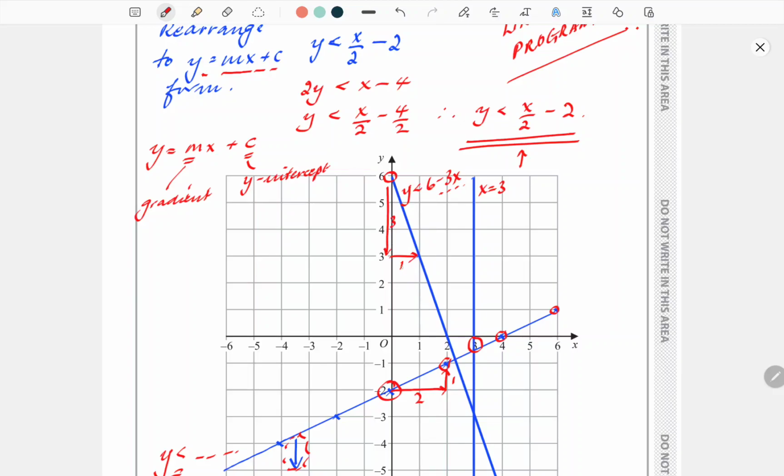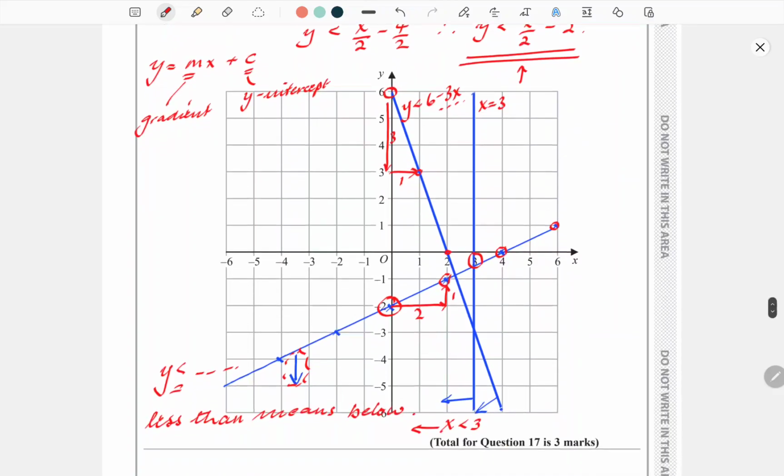That gives us a minus 3x gradient. So the next point is there, and so on, hence the straight line. Again, we want y is less than, so it's got to be whatever's under that line there. So we want that region there.